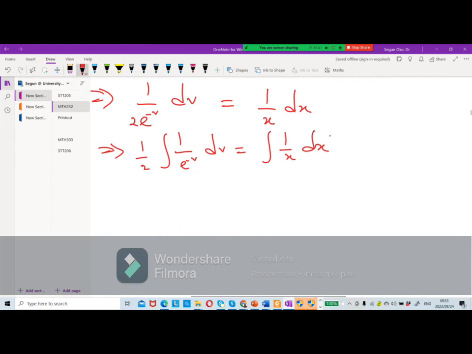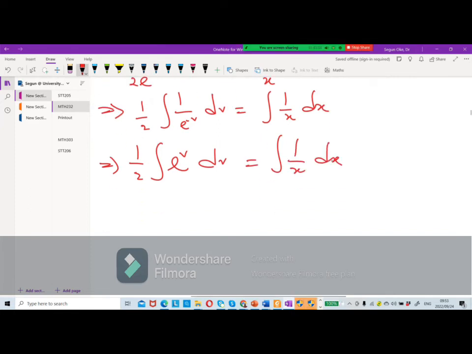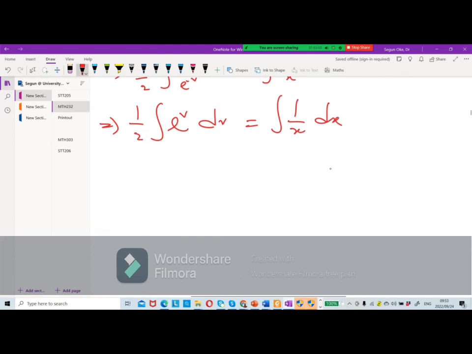So this particular 1 over 2, I can rewrite it by saying e to the power v dv equals integral of 1 all over x dx. So what do I have when you integrate this one? This is 1 over 2, this is still e to the power v, which is the same thing as ln x plus c.